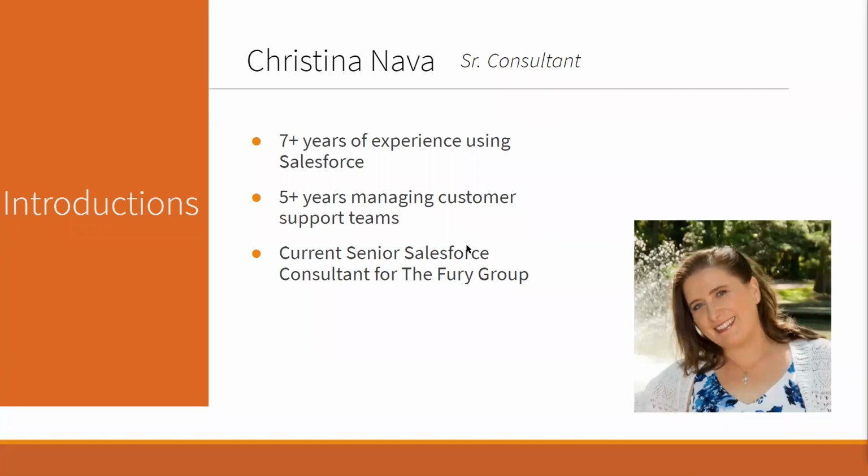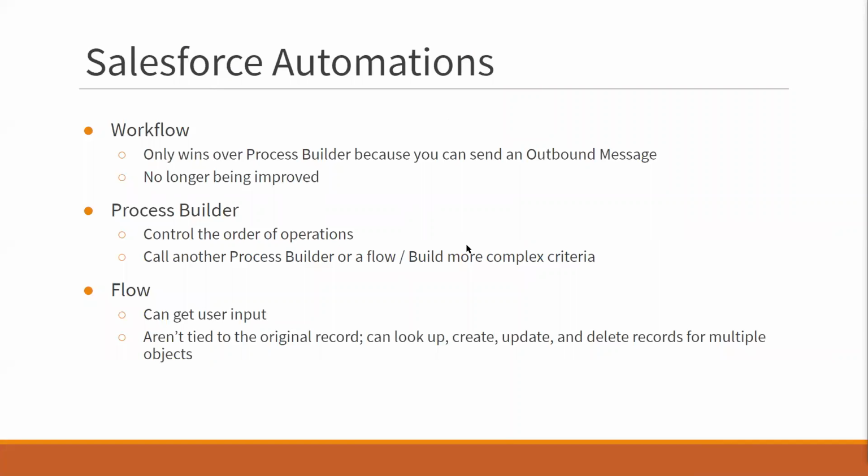So hopefully what we're going to go over today is going to be extremely helpful for you guys moving forward. What I'm going to attempt to do for the most part is explain the difference between the three main kinds of clicks, not code automations, which are workflows, process builders, and flows.